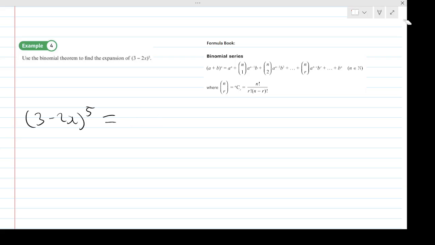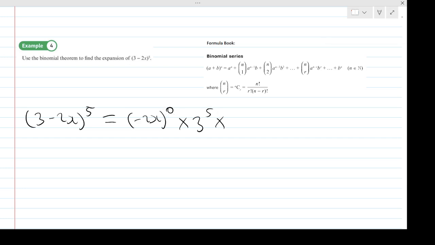But it won't be just x, will it? It'd be minus 2x, so minus 2x to the power of 0. Then times the corresponding 3 in the bracket, which will be raised to the power of 5, because if it's 0 here, it has to be 5 there. So the powers have to match.